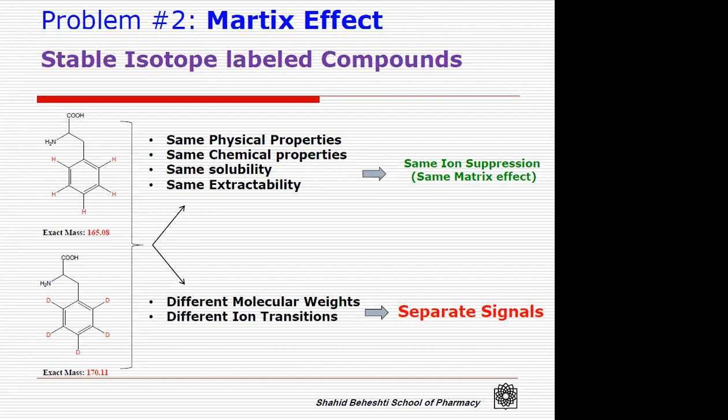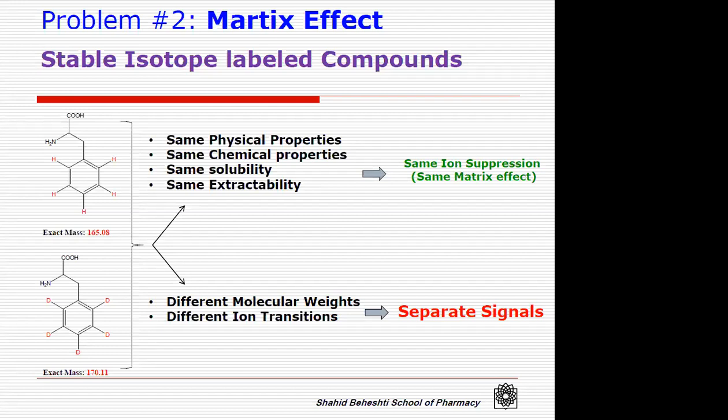And as I said, you cannot find this in nature. That's why we call them stable isotope labeled compounds. They are very expensive to make, but they are very good tools for mass spectrometry, and very good tools to avoid the matrix effect in mass spectrometry.